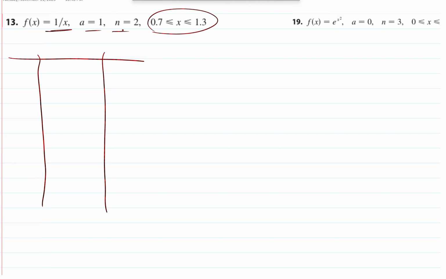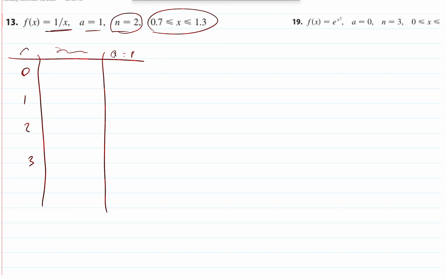It says n equals 2, which means that we stop at 3. So n is here, here's the derivative, and here's a equals 1. Since n equals 2, we start from 0, 1, 2, and then put 3 here just in case we find the error.